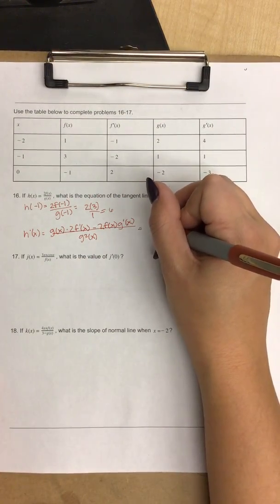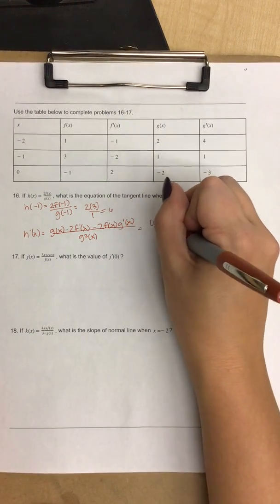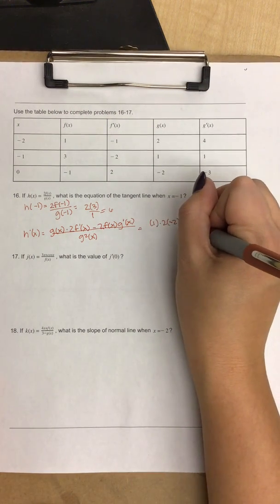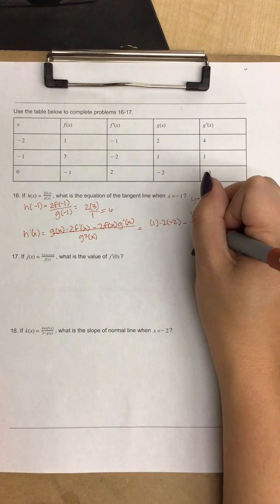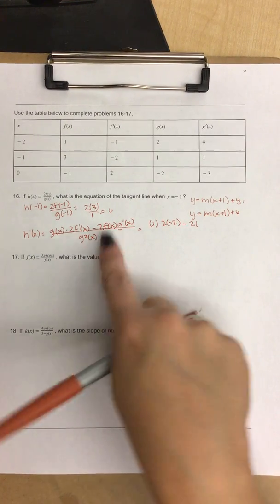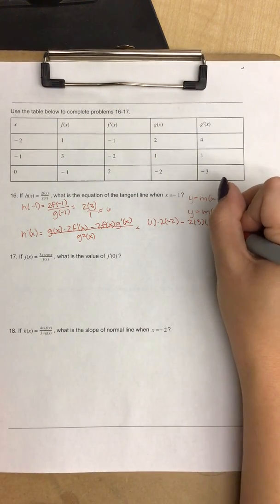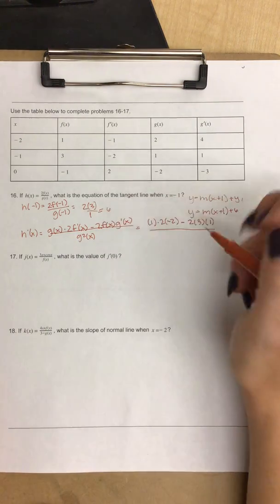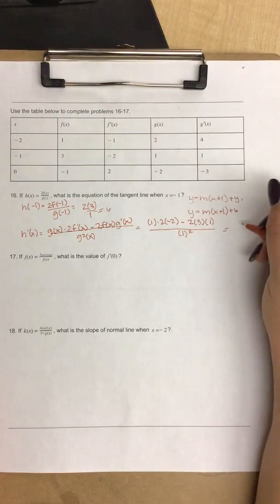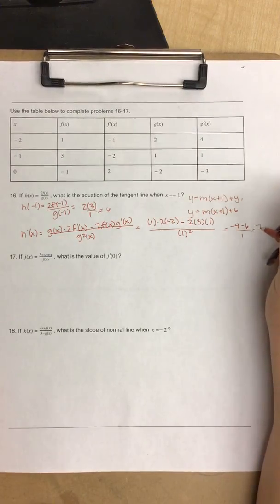So g of -1 is 1. F prime of -1 is -2 minus 2 times, because there's already a 2 there, f of -1 is 3, g prime of -1 is 1, all over g of -1 squared. So I get -4 minus 6 over 1, -10.